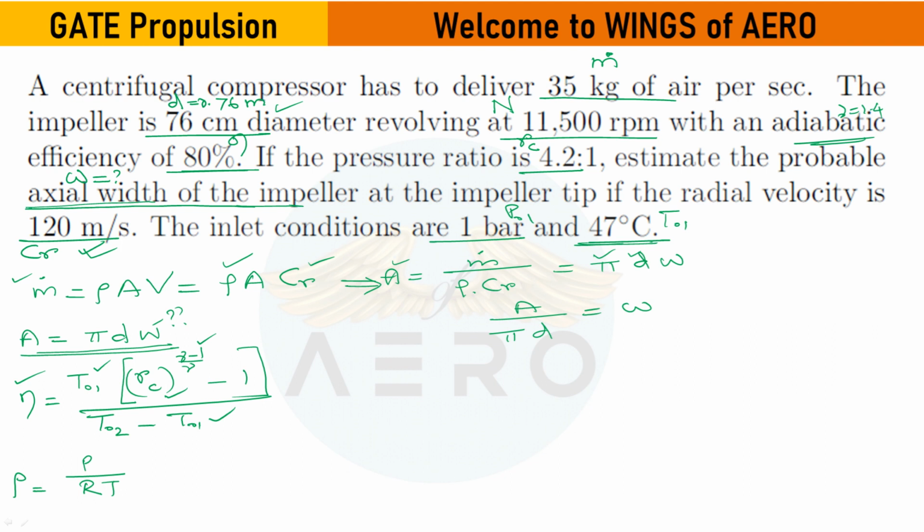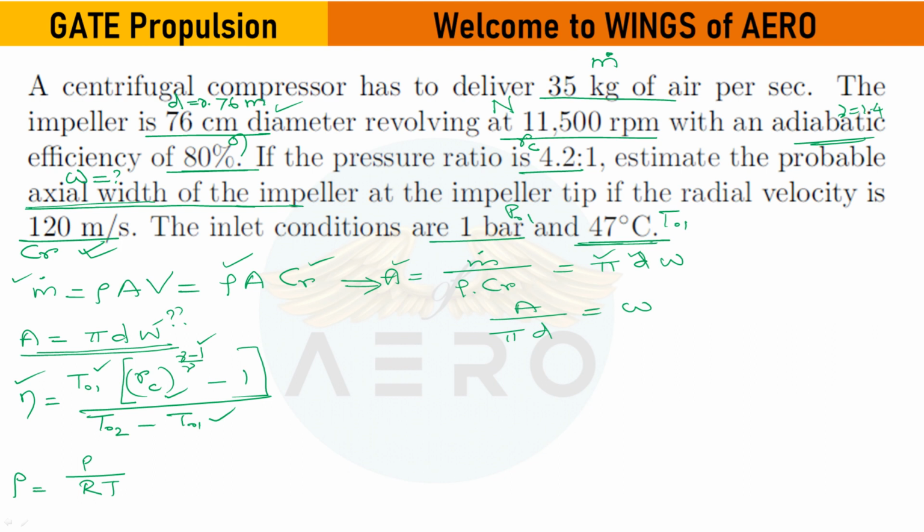Now one more thing. Here they have given rho, right? Rho equals P by RT. Now whether you will use the inlet condition or the exit condition, which condition will you use here?